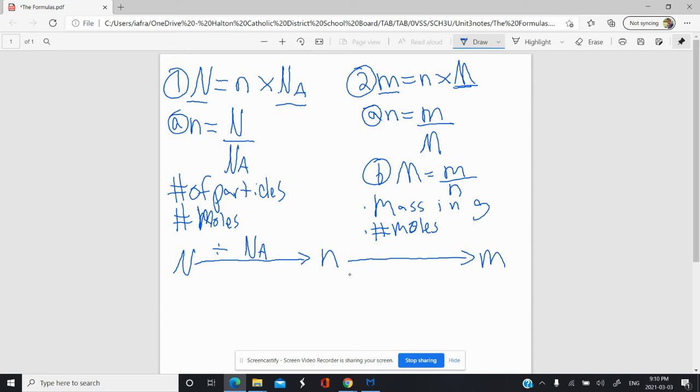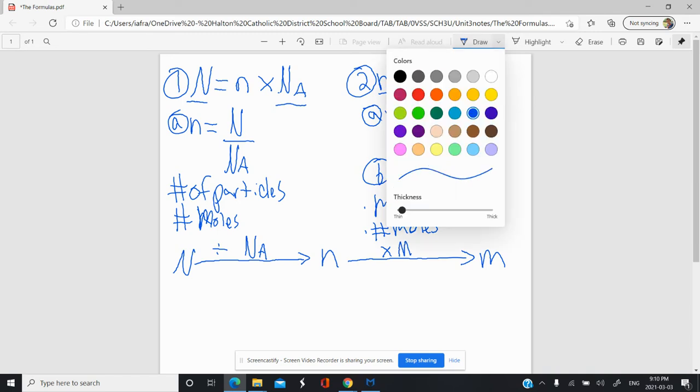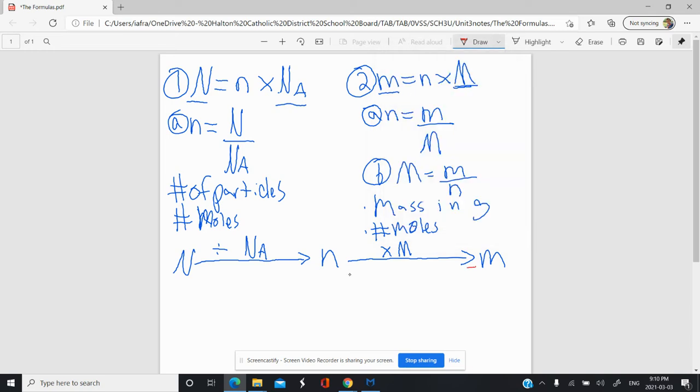And then you can go from moles to mass by multiplying by the molar mass. You could also, if you want to go from mass to particles, go mass to moles first by dividing by molar mass, as you can see over here, and then moles to particles by multiplying by Na, as you can see over here.